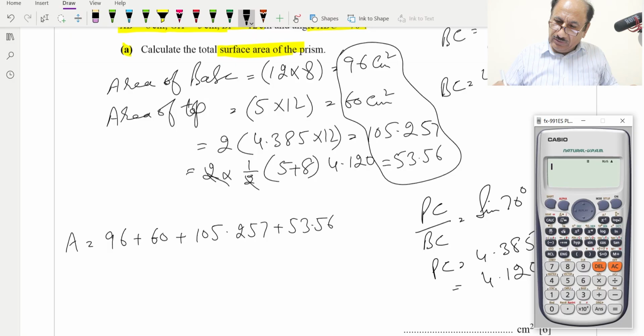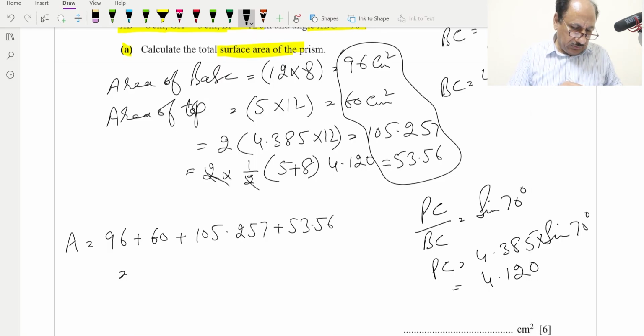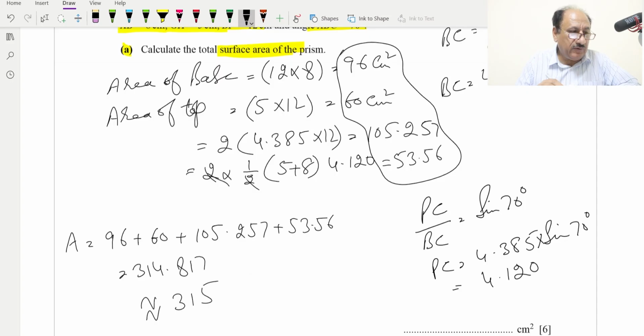So this will be 96 plus 60 plus 105.257 plus 53.56, and this will be equal to 314.817, and we can write approximately equal to 315.